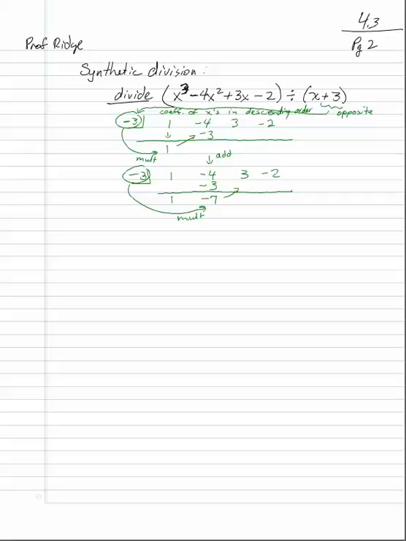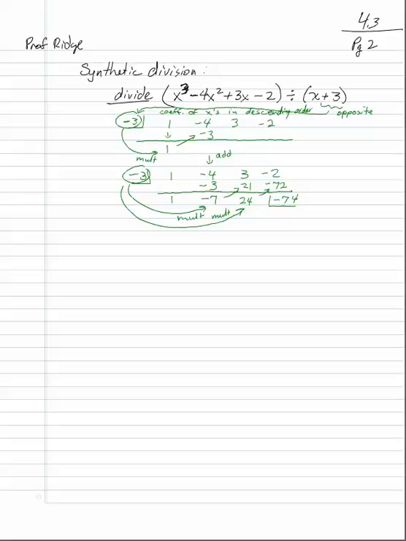So negative 3 times negative 7 is 21. Add down the column, 3 plus 21 is 24. And then you're going to multiply again, and write it up here. So negative 3 times 24 is negative 72. And then you're going to add down the column and you get negative 74.